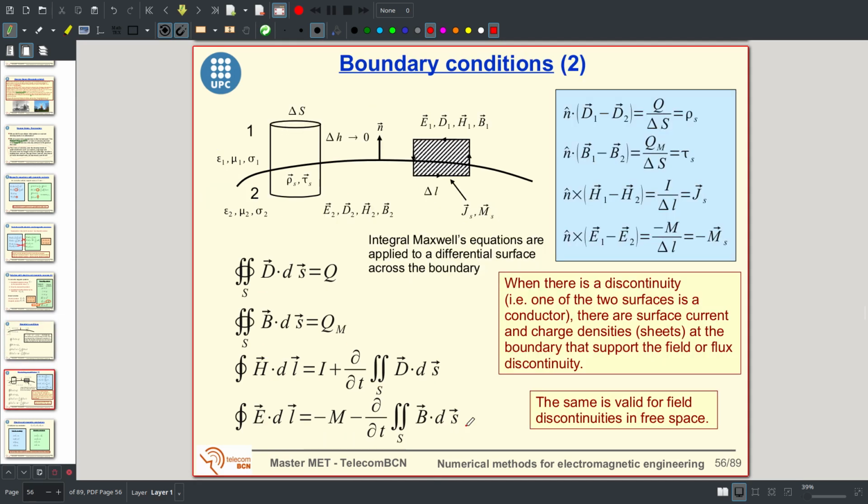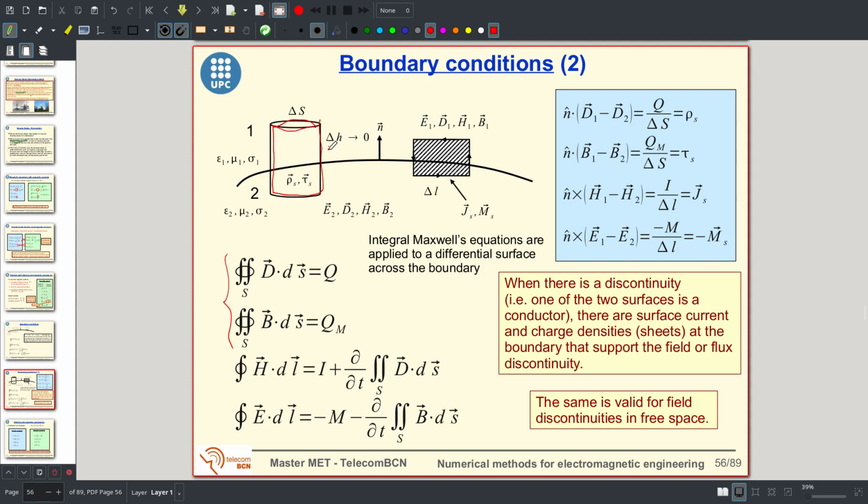So we apply these equations to some differential volume and surface. We apply the two divergence equations to a differential volume in the shape of a small cylinder.